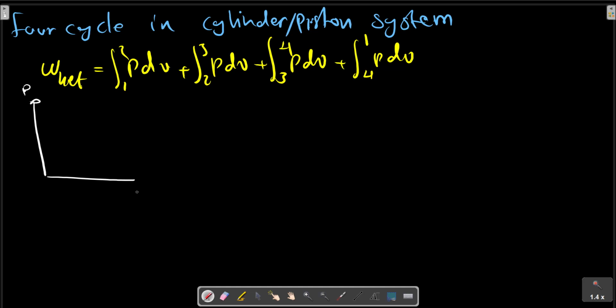The PV diagram can be drawn, but we don't have constant pressure processes.